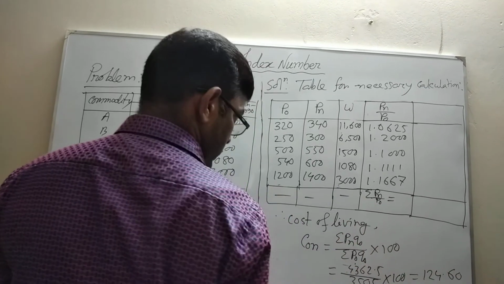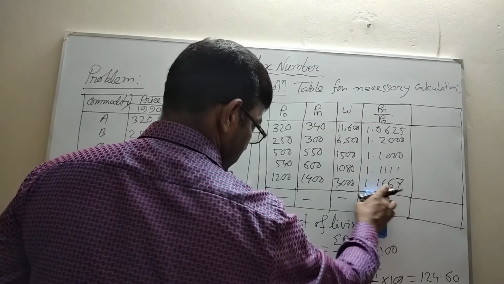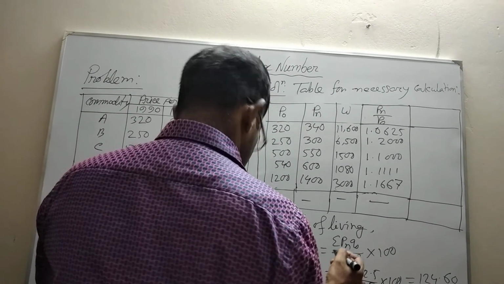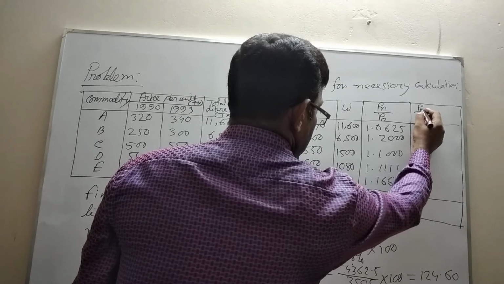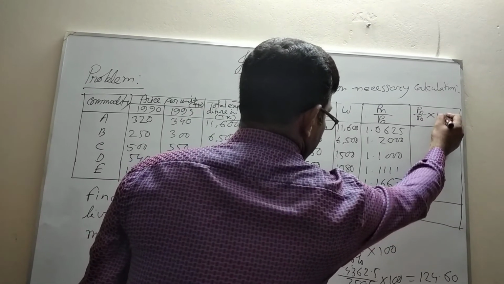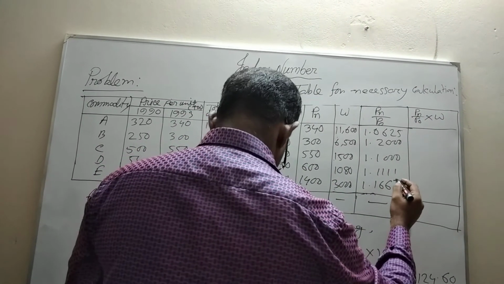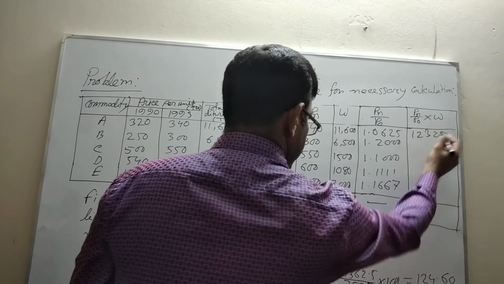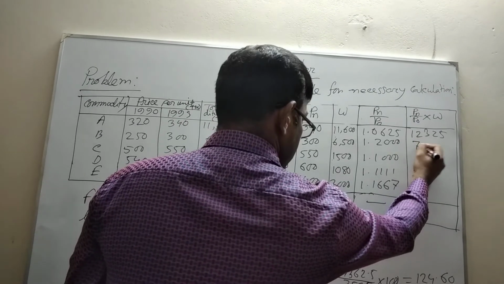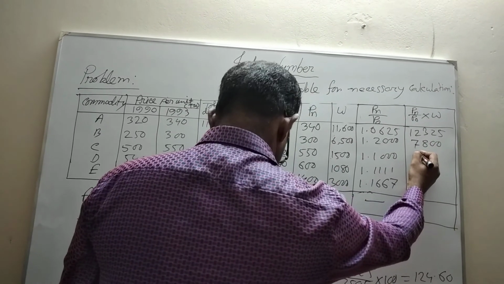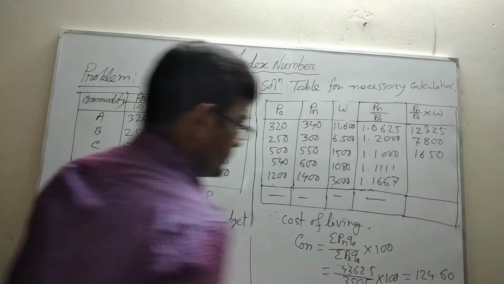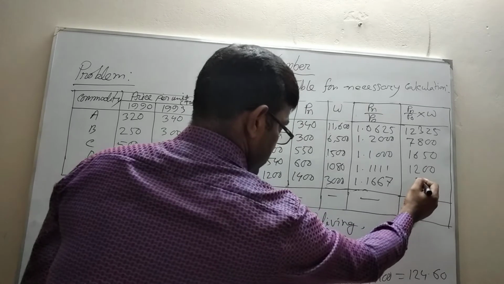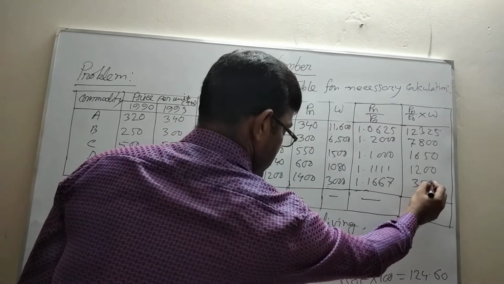At last, multiply by W, then sum total of Pn by Po multiplied by W: 13,123.25, 7800, 1650, 1200, 3500.